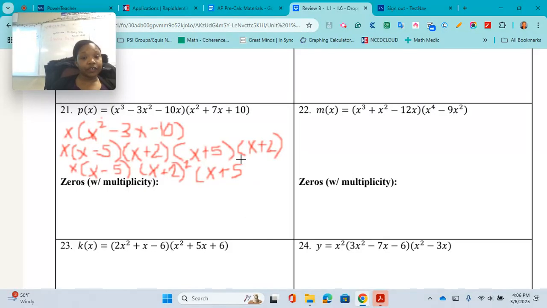Now I need to get my zeros. I have zeros at 0 with the multiplicity of 1. I also have a 0 at 5 with the multiplicity of 1.